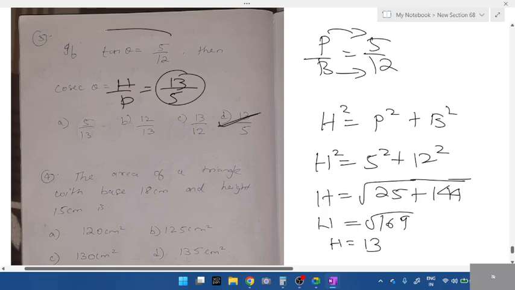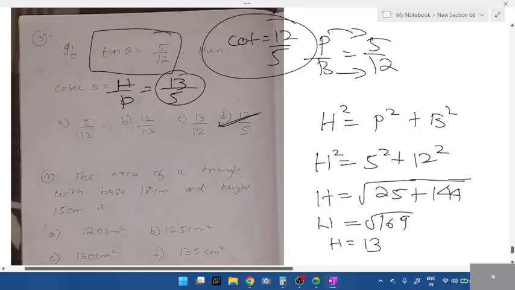Sometimes they'll ask cot, students. I taught you the reciprocal relation. What is the reciprocal for tan? Yes, very good, cot. For tan, if it is 5 by 12, cot will be 12 by 5. Remember this. If they ask cot, do you need to solve all this? No. Remember this. There are chances of such questions, students.